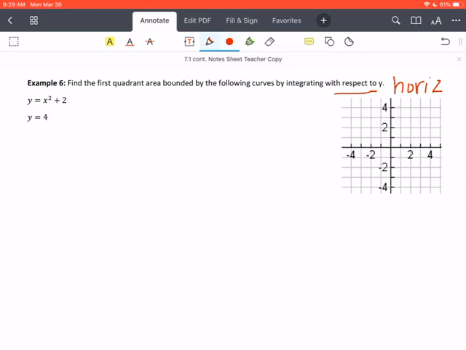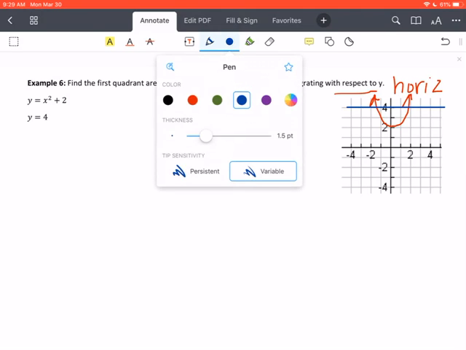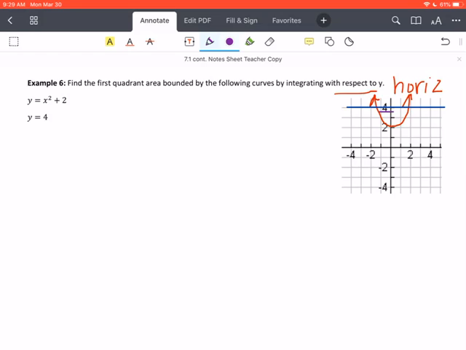So we have y equals x squared plus 2, which is going to be a parabola that is shifted up 2. And then we have y equals 4, which is just going to be our horizontal line at 4. We are being asked to use horizontal rectangles, so let's draw those in.